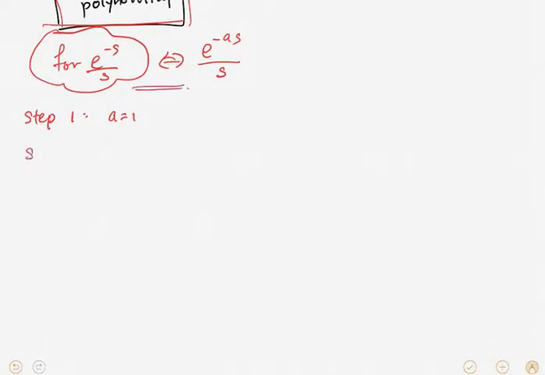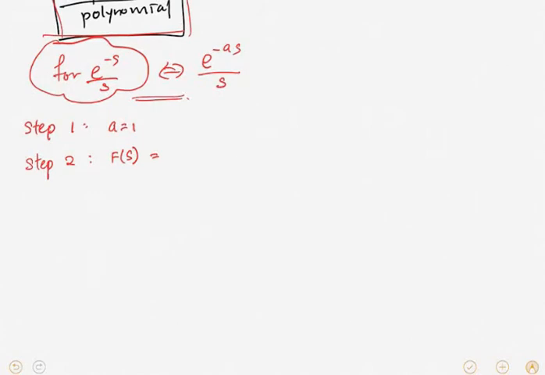And then the second step, you find the F(s). If you have e to the power negative as over s, so the F(s) is 1 over s, because it is like this. So this is the F(s).